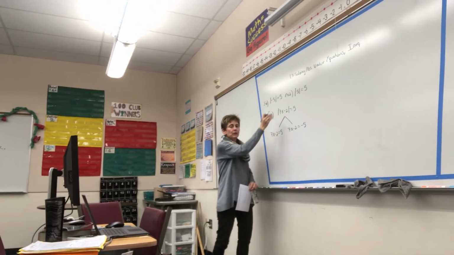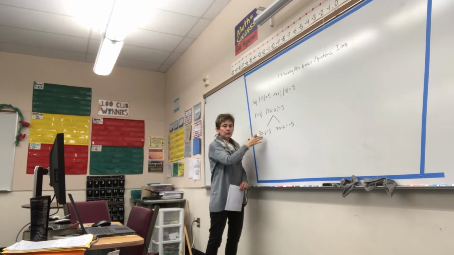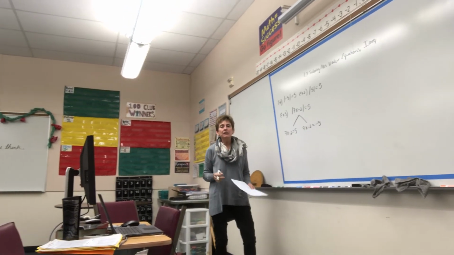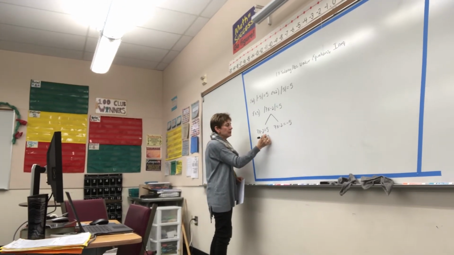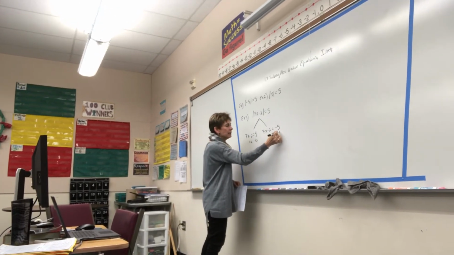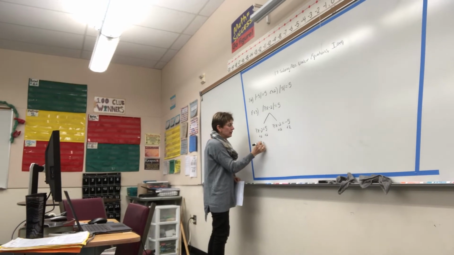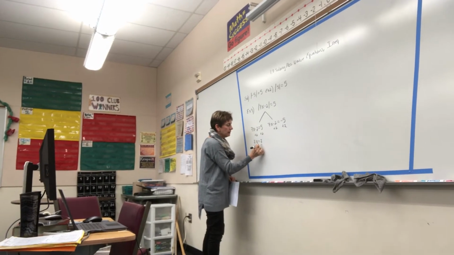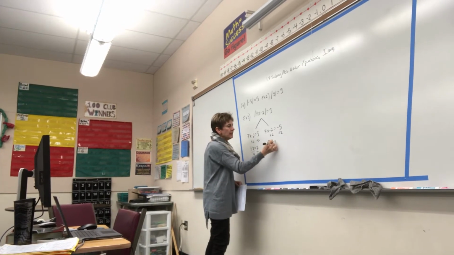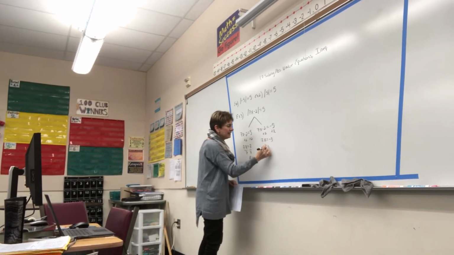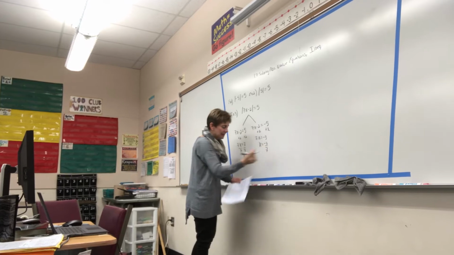So I rewrite it as 2 separate problems. Now I can solve it the way I've always solved equations, using opposite operations. I would be adding 2 to both sides of the equation. On the first one, I get that x is 1. On the second one, I get that x is -3/7.